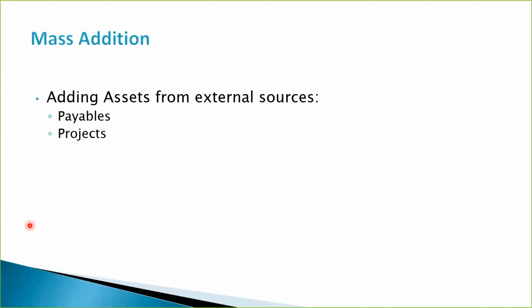So payables, when you purchase an asset, you can run mass additions by entering invoices which have clearing accounts or even expensed accounts in their distribution lines. But in this case, we're going to be dealing only with capitalized assets. We don't have Oracle projects, so we're not going to focus on that. We're going to focus on doing mass addition from payables.